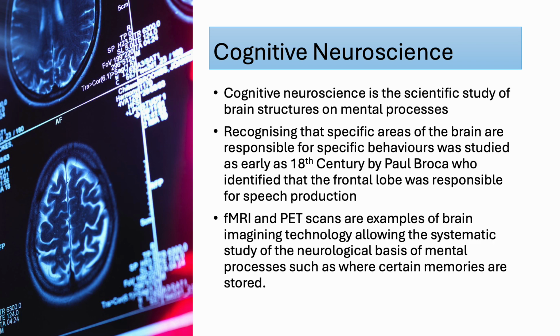And then also developments in technology have led to brain scans like fMRIs and PET scans, which have allowed the systematic study of the neurological basis, the brain basis of mental processes, such as where certain memories are stored. So if you want to know more about cognitive neuroscience, please do go and watch my video dedicated specifically to cognitive neuroscience, where there is enough information for an essay question on cognitive neuroscience if you are ever asked one.